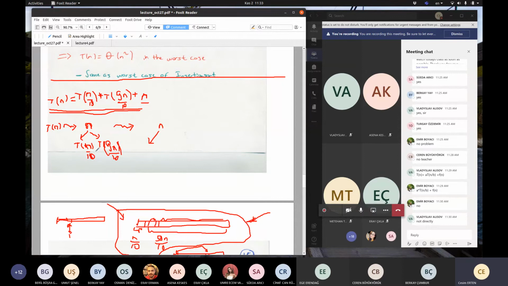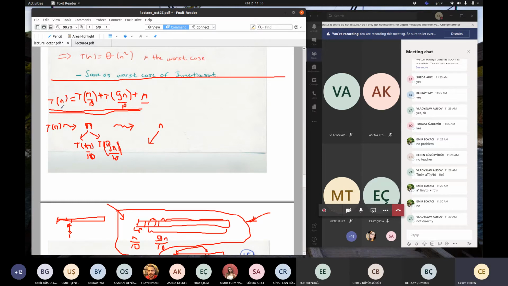To find the expansion that we need, we need to use our formula. In the formula for T of n, to find T of n divided by 10, we need to replace n with n divided by 10 everywhere.